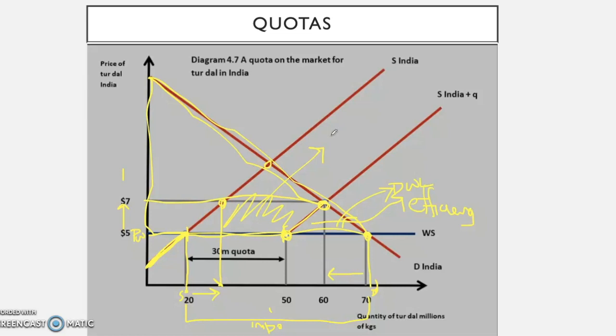Let's look quickly at the producer's surplus. Before the quota was implemented and there was a higher price, the producers were just getting this little portion here, from here to here. They were getting A. But now, because of the change in price, they're getting A and B. They're getting all of this portion now.